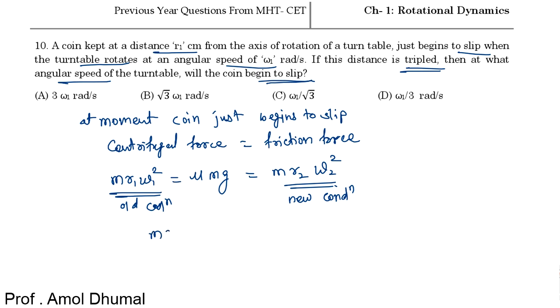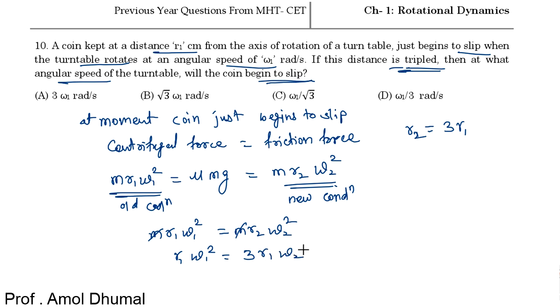So we can write m r1 omega 1 square is equal to m r2 omega 2 square. So m will get cancelled, and r2 is equal to 3r1 because the distance is tripled. So r1 omega 1 square is equal to 3 r1 omega 2 square.